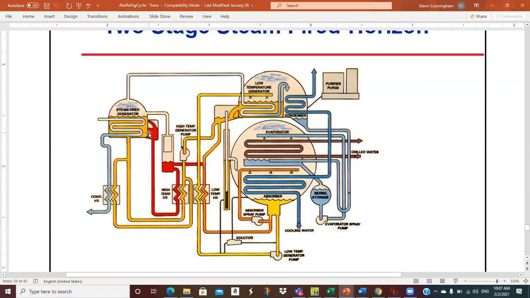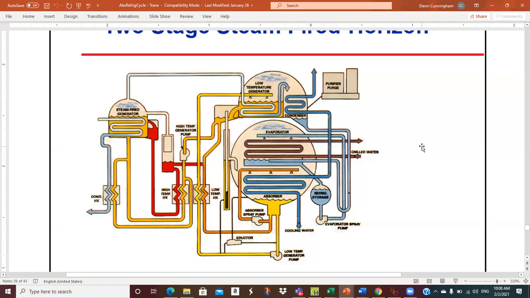I'm not sure what this red stuff is, to be honest with you. But anyway, we're circulating the strong solution back to the absorber, where it picks up the vapor, and then we're pumping out. We're pumping out here, we're pumping it back up there, and then we pull out of here and come down and all that sort of thing.